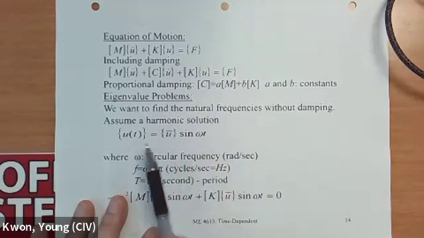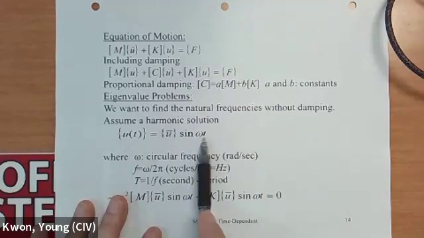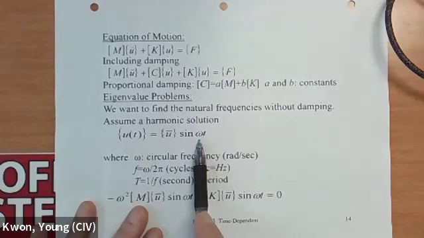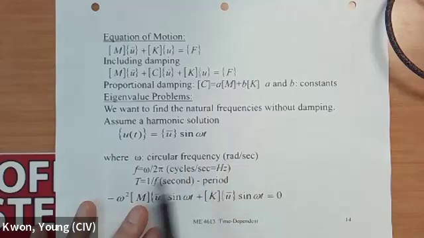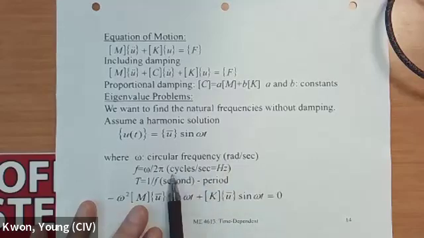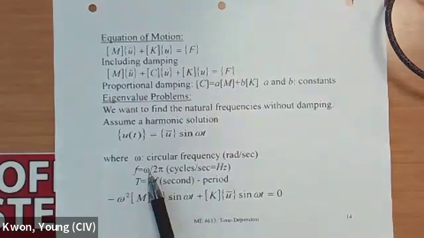So your displacement u is going to be the magnitude times sine omega t. Omega is the so-called circular frequency, in radians per second. How many radians per second, that's the circular frequency.